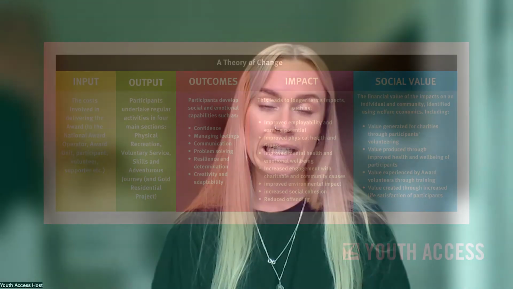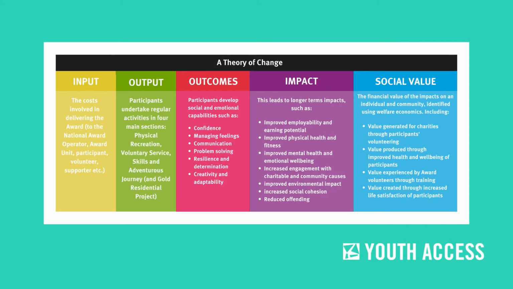Like I said, theories of change can look really differently. Some people like to include inputs, some people like to include social value. It really varies on what you want to include. For simplicity, here you can see that they've got inputs, which is the costs involved, and then you've got the outputs, which is participants undertaking regular activities, and the outcomes being confidence, managing feelings, communication, problem solving, resilience.